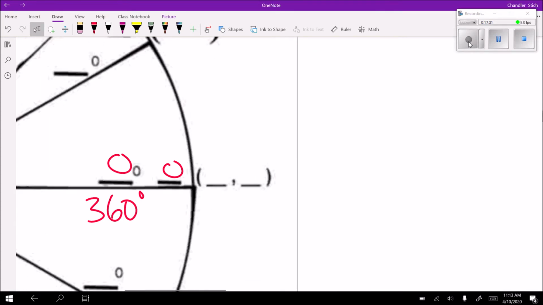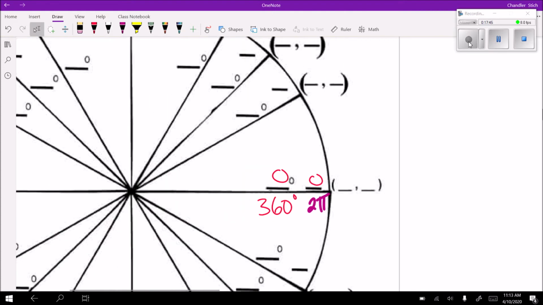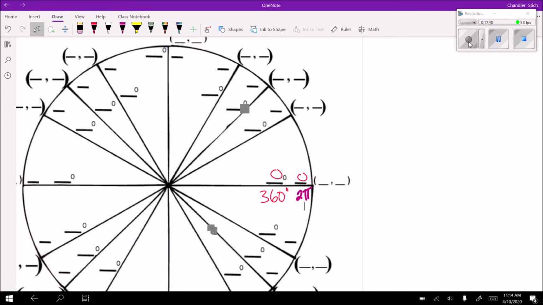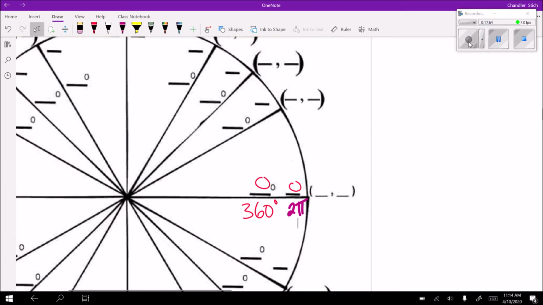So 360 degrees would be 2 pi radians, or 0 radians, depending on which direction you're going. All right, so this unit circle has to do with degrees, radians, and then we'll get to the coordinate points. That'll be later on this week, but we have the degrees and the radians.